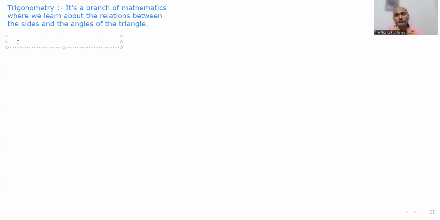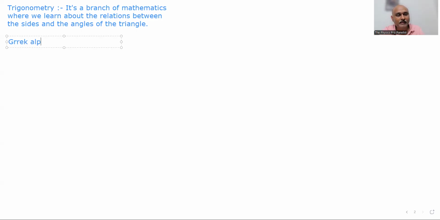Now, just to have some more characters to represent the angles of a triangle, I am introducing Greek alphabets.